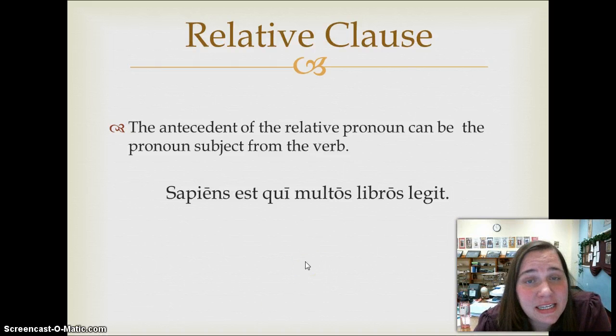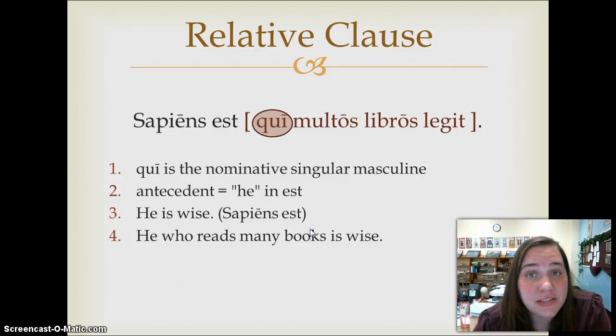So our sentence example for this is going to be sapiens est qui multos libros legit. Okay, let's follow our steps. The first thing we want to do is identify our relative clause. It's introduced by qui, okay? It has the verb legit, and actually this particular relative clause has a direct object, okay?